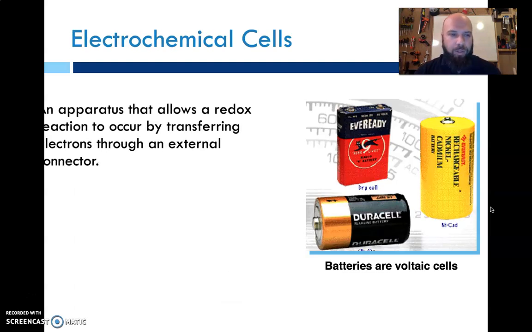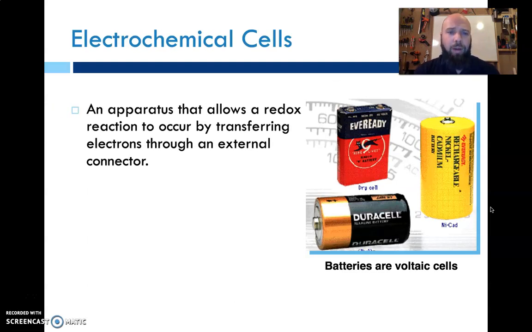So an electrochemical cell is an apparatus that allows a redox reaction to occur by transferring electrons through an external connector. So you need to have a complete circuit. If you think back to grade 9 electricity, you need to have a circuit with some sort of conductive material connecting a positive and negative end of a cell.